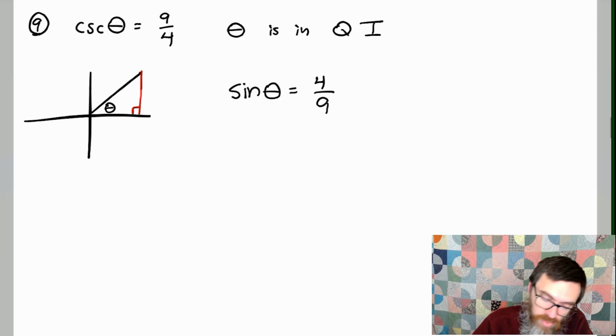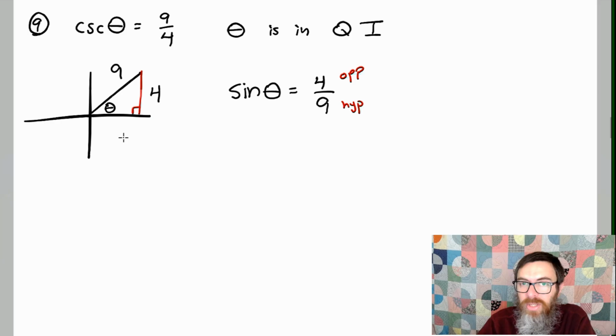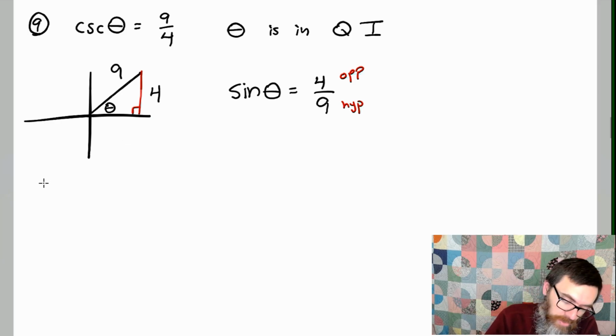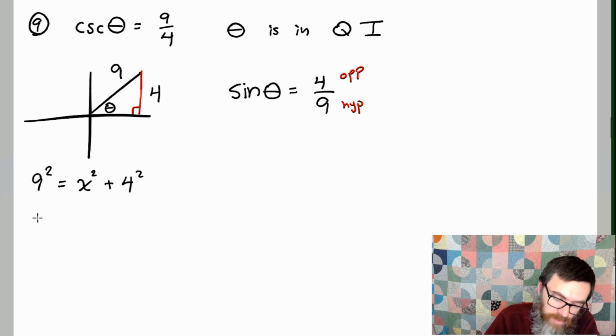Sine means opposite over hypotenuse. So the opposite is 4, the hypotenuse is 9, and I need to find the missing leg. All right, so 9 squared is equal to x squared plus 4 squared.